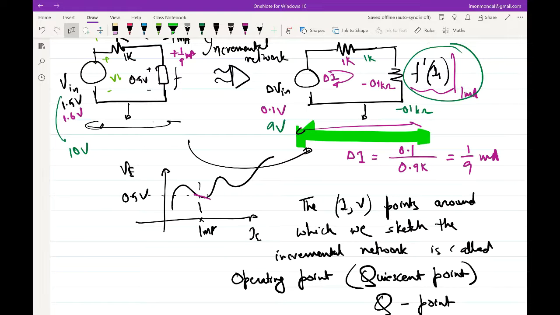In the example that I gave, I assumed that 0.1 volt perturbation is small enough without really justifying it. But let's assume it is small enough for which we can neglect the higher order terms, the network on the right-hand side will be called a small signal network, right? And the corresponding analysis that we are doing in the small signal network is obviously called a small signal analysis.